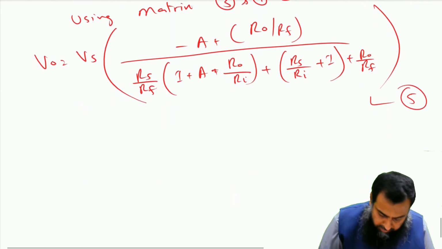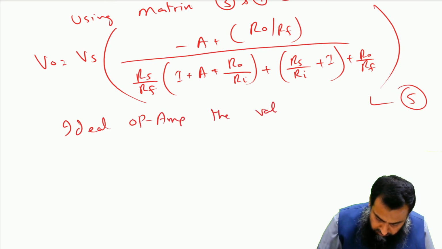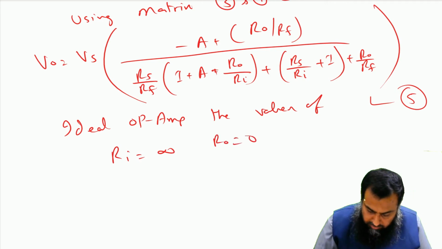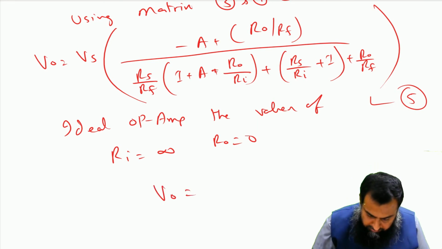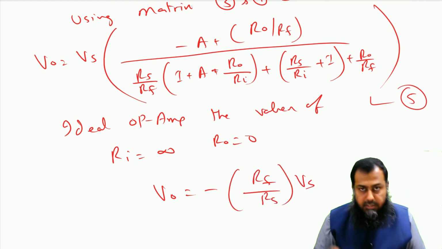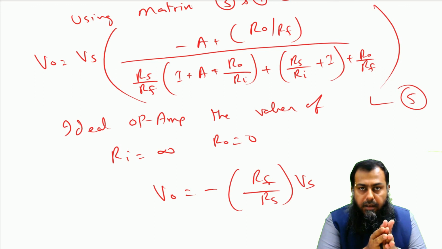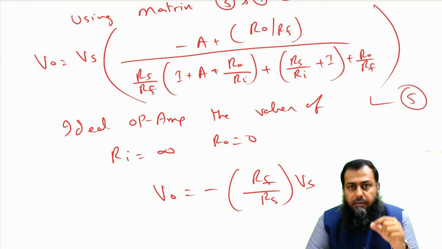Notice here that for an ideal operational amplifier, the values of Rin is equal to infinity and R naught is equal to 0. If we use the ideal characteristics of an operational amplifier, then V naught is equal to minus Rf over Rs times Vs, and this is exactly the same as what we obtained when we studied the inverting amplifier with the ideal characteristics.